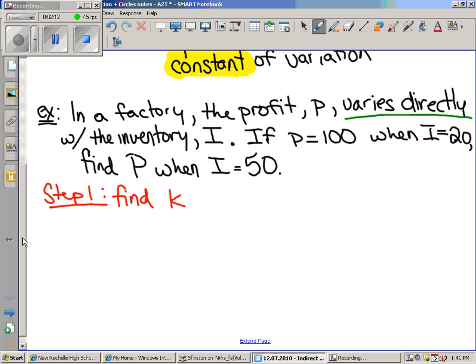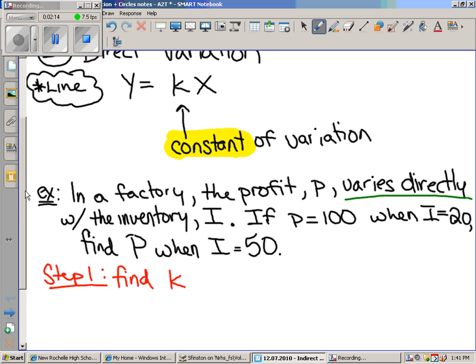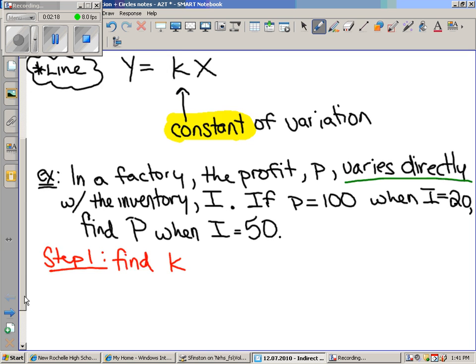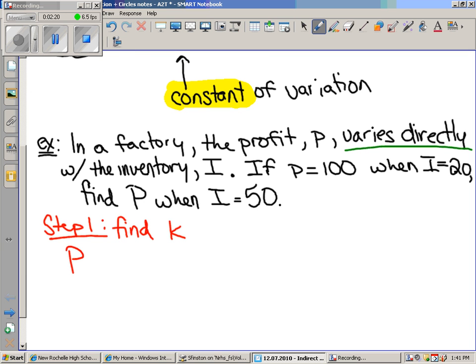By that I mean we sub out y and x for this equation, and we sub in P and I. So this equation, when you sub them out, is P equals k times I. Profit varies directly with inventory, so as inventory grows, so does profit. It doesn't matter where you sub them in. If it mattered, it would say that in the problem.